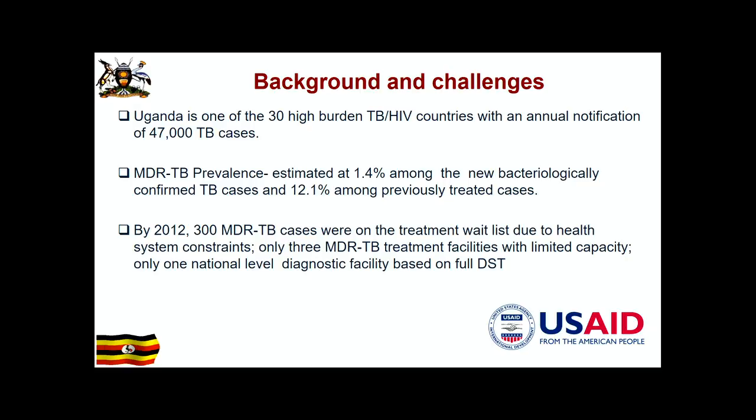In 2012, the country had a high burden of people who were diagnosed with drug-resistant TB, but were not able to access treatment. Over 300 MDR-TB patients had been diagnosed, but were waiting to start treatment because we had not started programmatic management of MDR-TB as a country.